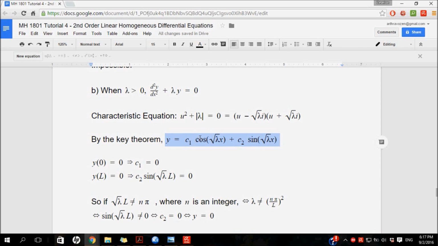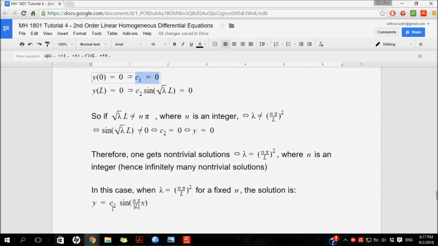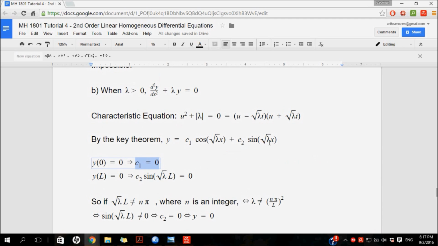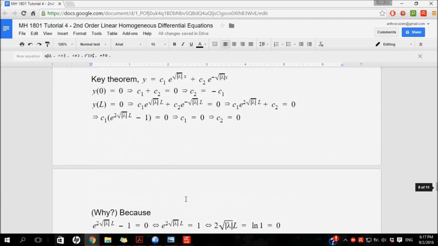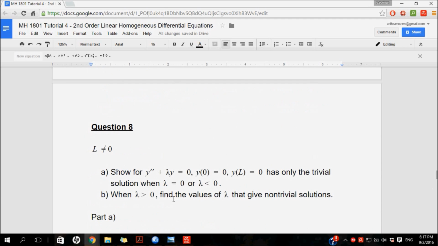C1 is 0, so this term disappears, and here we should get C2 times sine of square root of lambda. Here is lambda. When you take the square root, L is just stated to be a non-zero number.